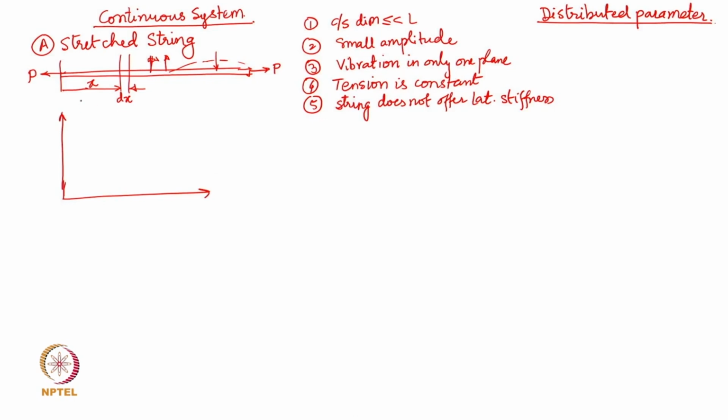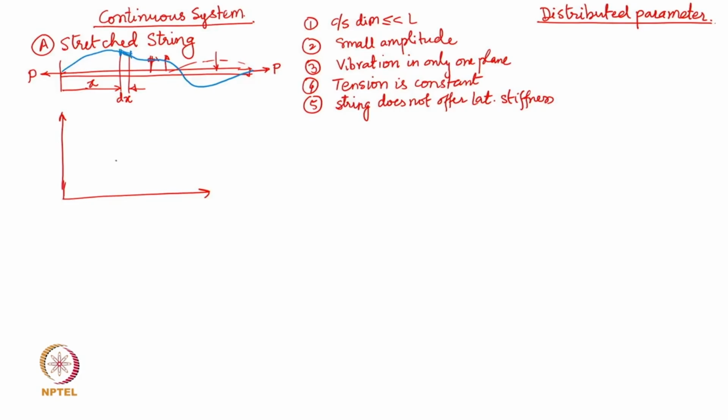So this small dx length, I can now show here that the string may have an arbitrary way in which it will get stretched or moved, and we are basically going to focus on its dynamics.